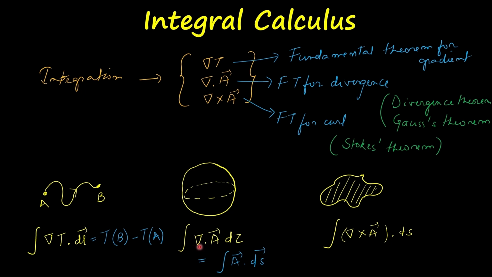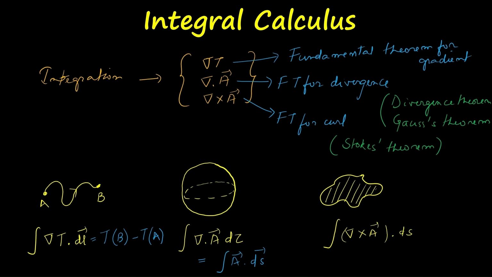Here also, the volume integral is performed for the divergence of A inside this volume, but the outcome depends on the surface integral, that is at the boundary.